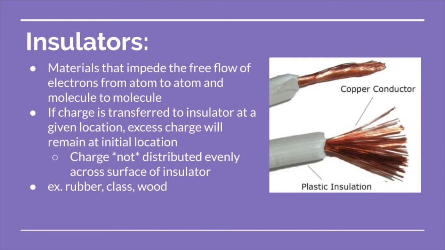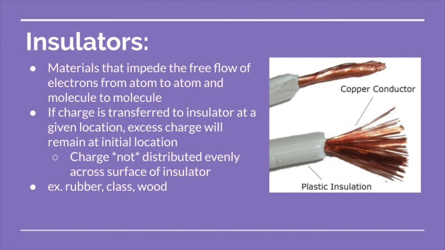An insulator, on the other hand, is a material that impedes the flow of electrons from atom to atom and molecule to molecule. So, unlike a conductor, when you transfer charge to an insulator at a specific spot, that excess charge is going to all remain localized at that initial location.